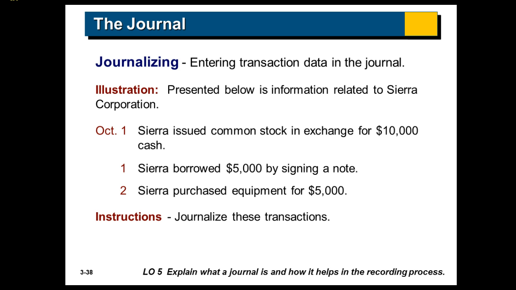As you can see here, on October 1st, Sierra issued common stock in exchange for $10,000 cash. We're going to take this and journalize and show exactly what we need to do for that transaction. We're also going to journalize the transaction of Sierra borrowing $5,000 by signing a note and then purchasing equipment.